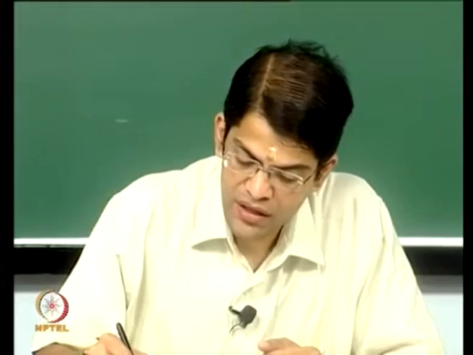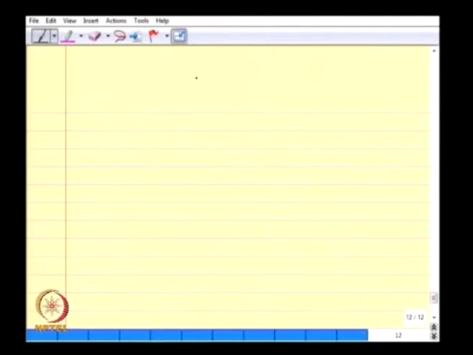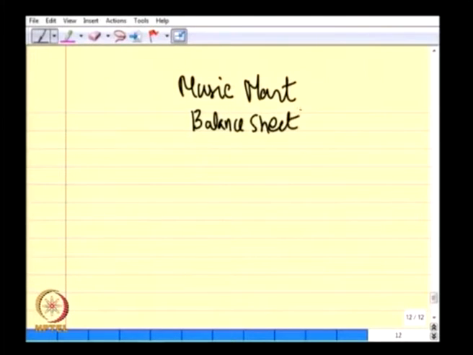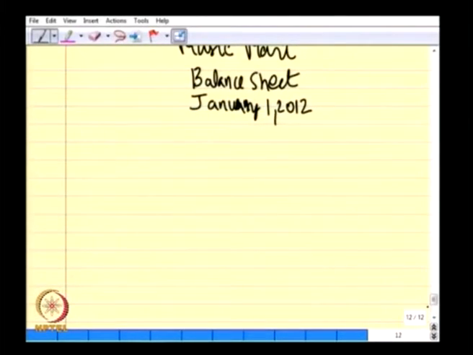Now, let us say I name this music store as, let us say, Music Mart. So, that is the name of the entity. This is how a balance sheet is prepared. Then what type of a financial statement are we discussing? We are talking about a balance sheet, and let us say it is on January 1st that I put 25,000 of my money to start the business. So, January 1, 2012 I started this business. So, this is a balance sheet.